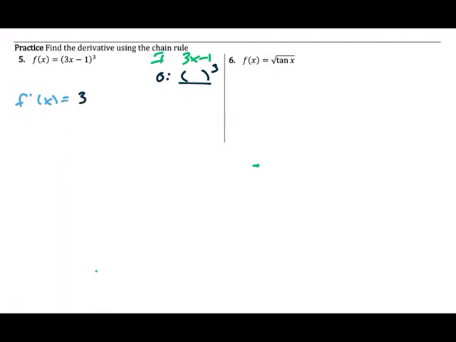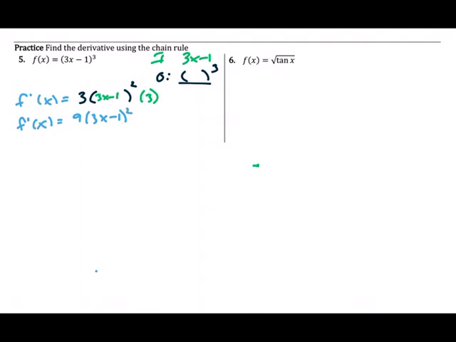Something to the power of 3 is 3 times something squared, just using the power rule: the 3 drops in front and the exponent decreases by 1. We keep the inside function we already had there, and then we multiply that by the derivative of our inside function, which is just 3. We simplify this a little bit. 3 times 3 gives me 9 times the quantity 3x minus 1 squared, and we're going to leave it there.